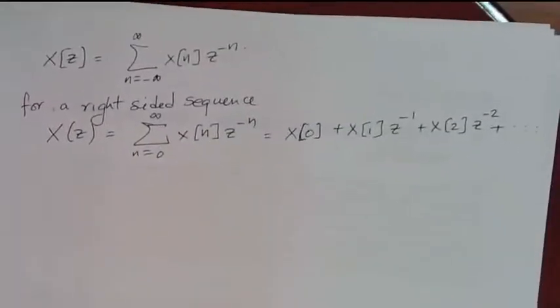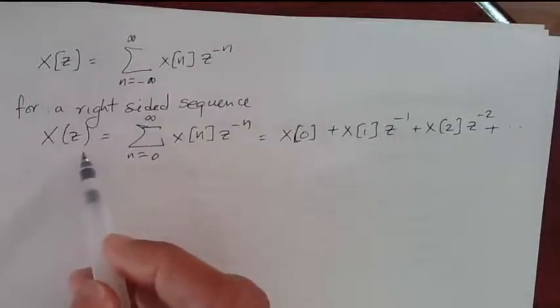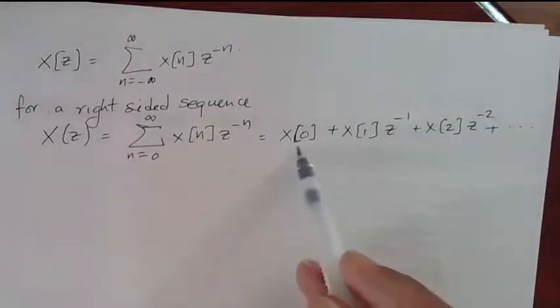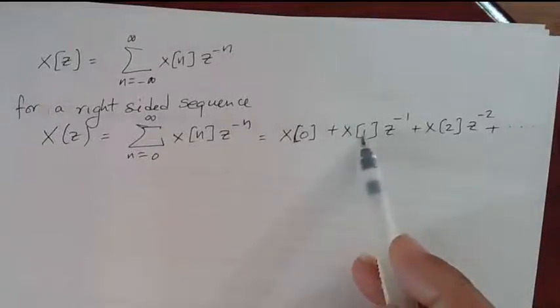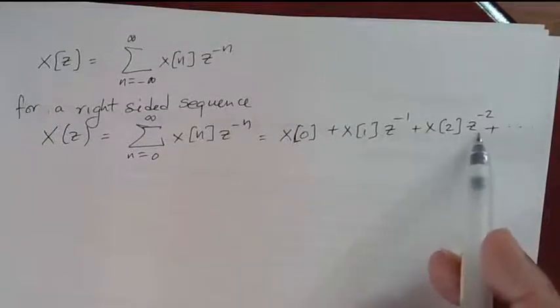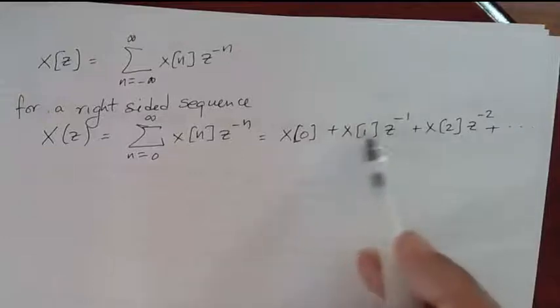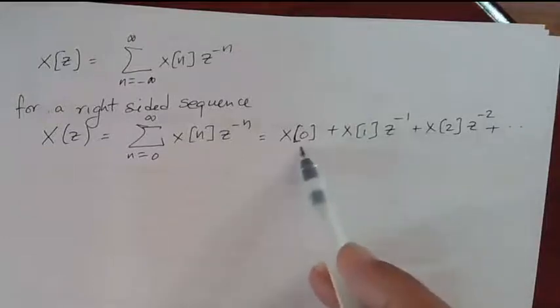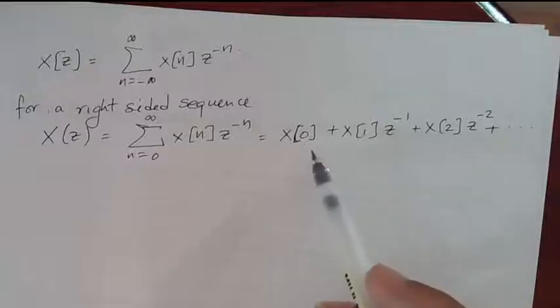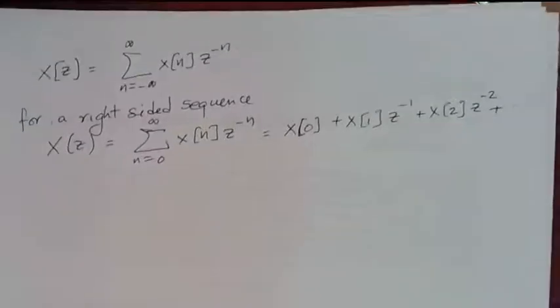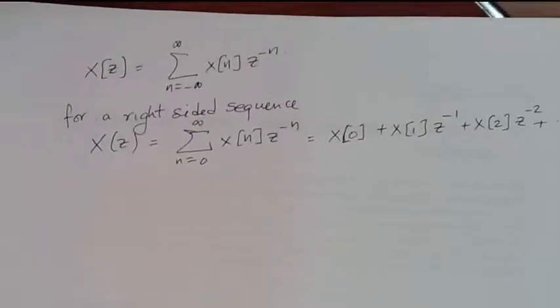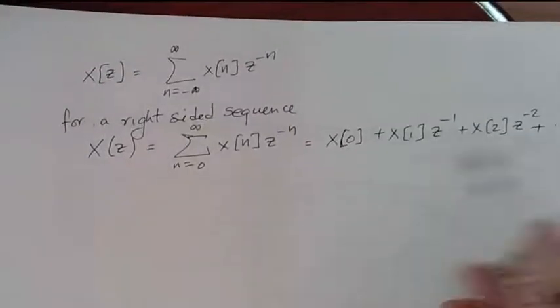So if you give me X(z), and I can write it in this form, then by just looking at the coefficients of this polynomial in z to the minus 1, I can find what the values of x(0), x(1), x(2) are. And if there is some regularity in these, I can find out what the general expression is. Like I said, this is a kind of curious thing. So let's just do it.